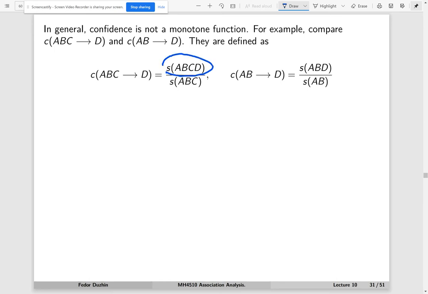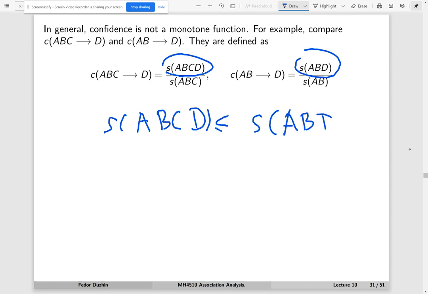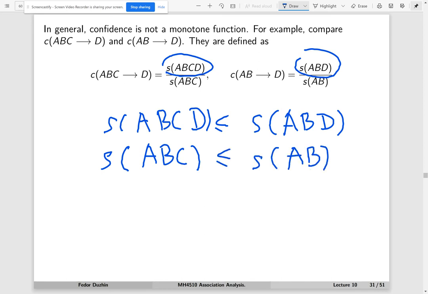If we compare numerators, there is the support of A, B, C, D and the support of A, B, D, and the support of A, B, C, D is less than or equal to the support of A, B, D. Same for denominators: the support of A, B, C is less than or equal to the support of A, B. So we're comparing two fractions where both numerator and denominator of the first fraction are smaller than those of the second fraction.